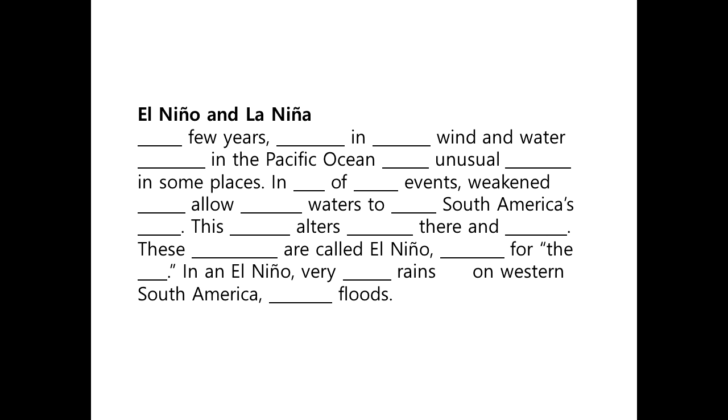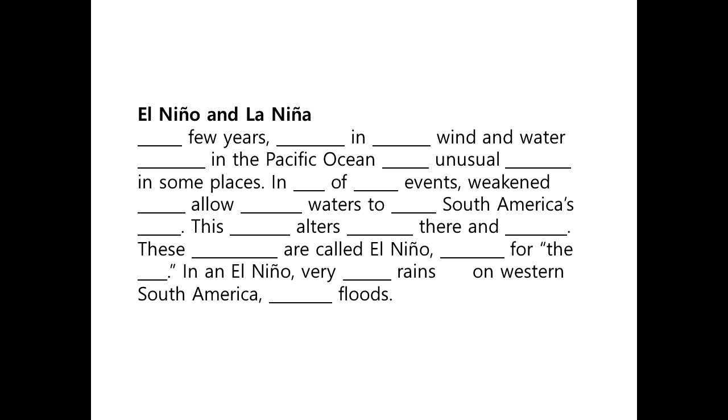El Niño and La Niña. Every few years, changes in normal wind and water patterns in the Pacific Ocean cause unusual weather in some places. In one of these events, weakened winds allow warmer waters to reach South America's coast. This change alters weather there and beyond.